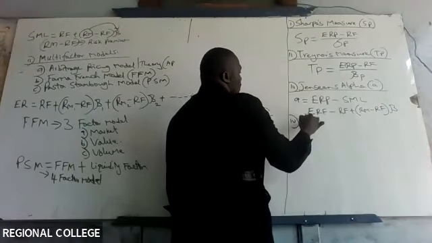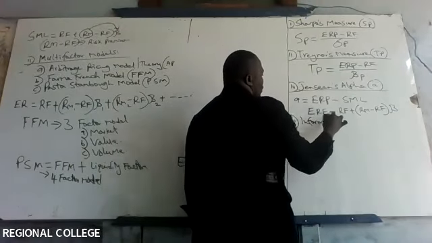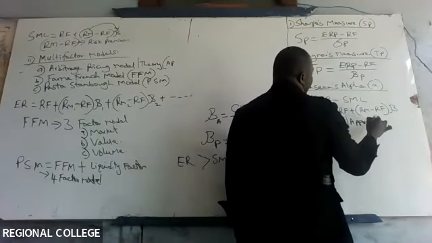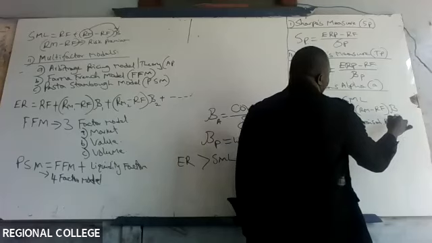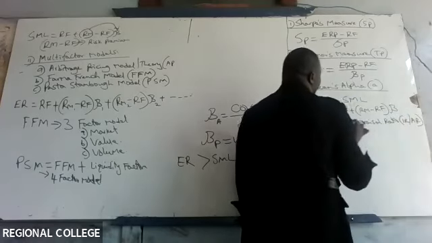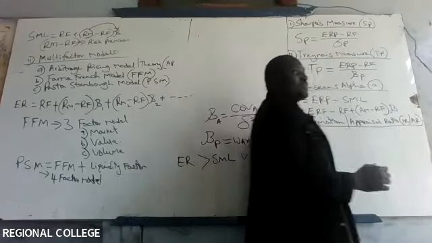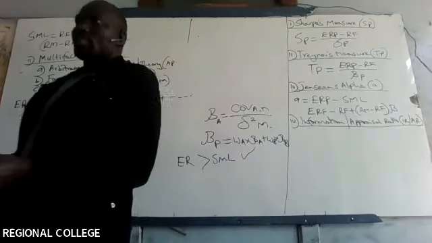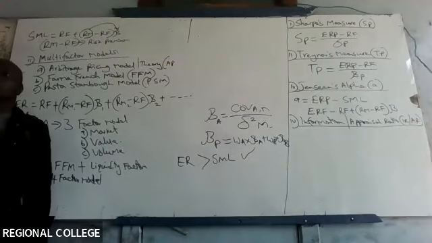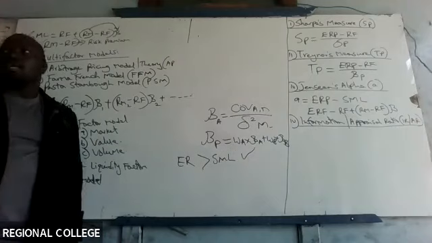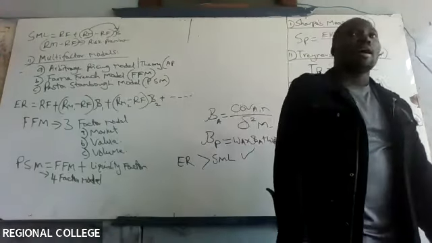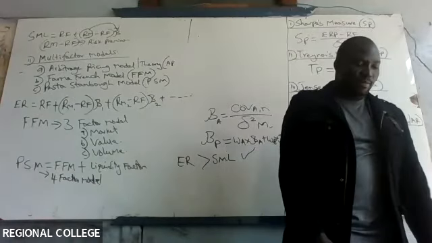We have number 4, information ratio, appraisal ratio. Then you say it compares alpha with unsystematic risk.